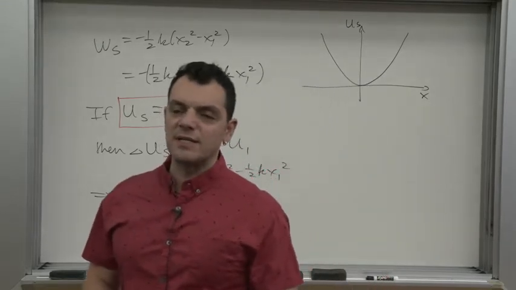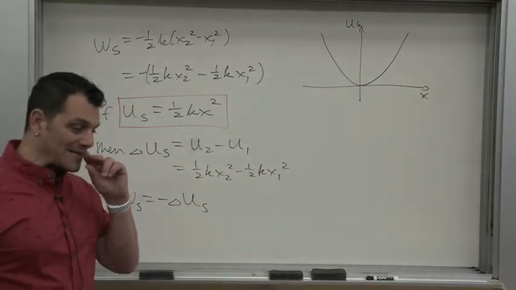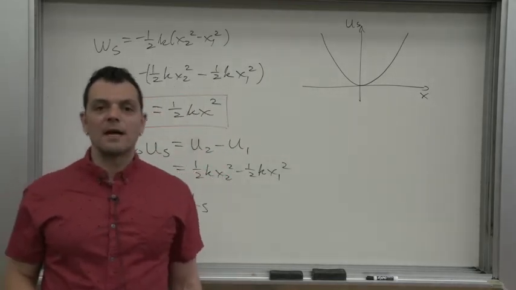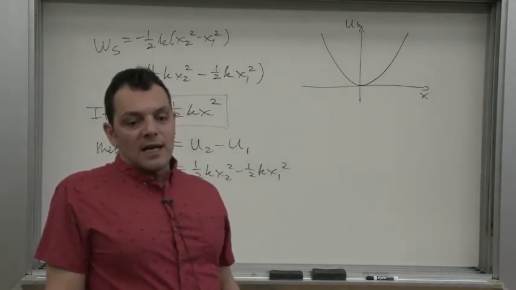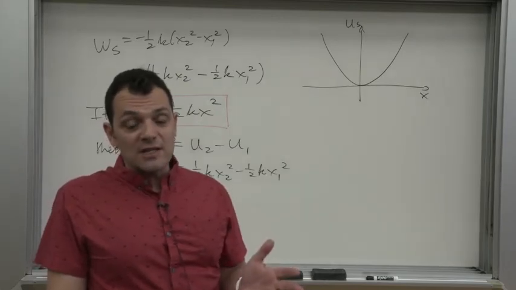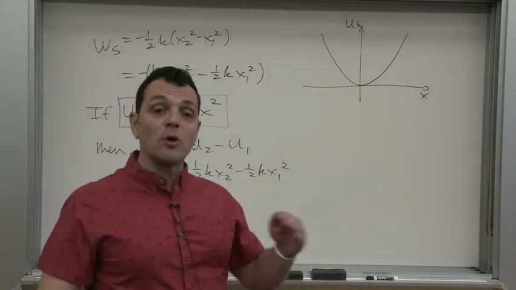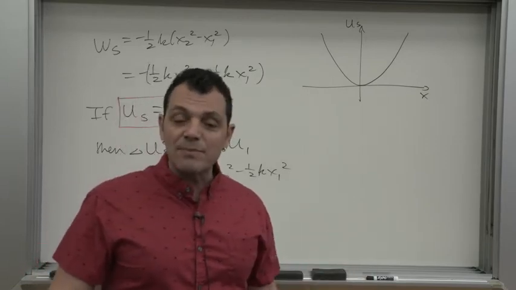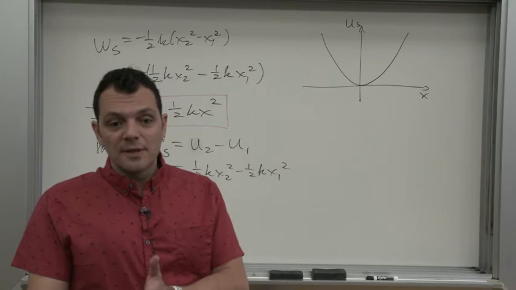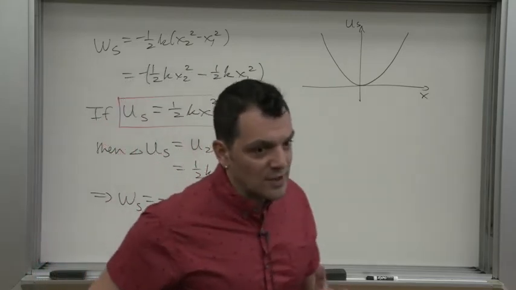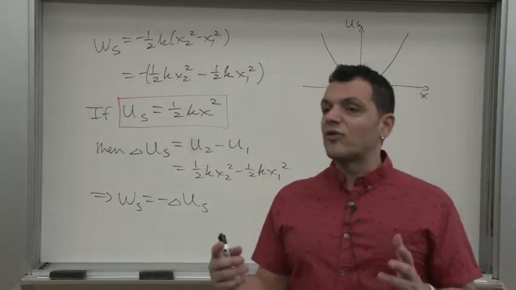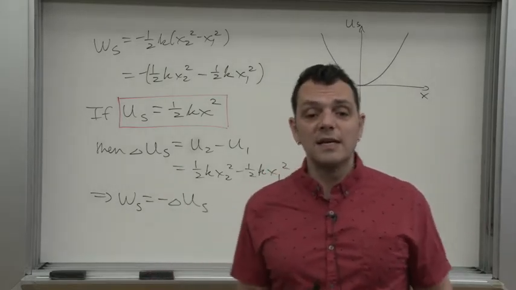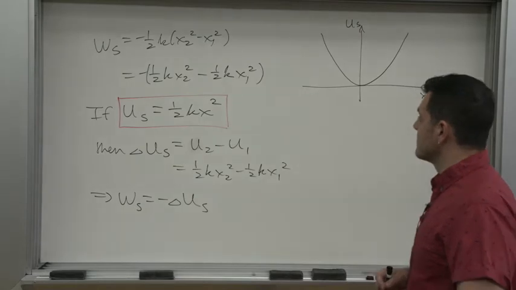That means if the spring is neither stretched nor compressed, the spring potential energy is 0. If we stretch the spring, the more we stretch it, the more we increase the potential energy. Same thing happens if we compress the spring. So either way, whatever you do to the spring from its equilibrium length, whether you stretch it or compress it, you increase the potential energy.